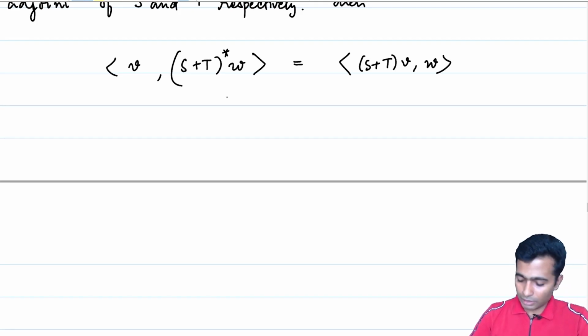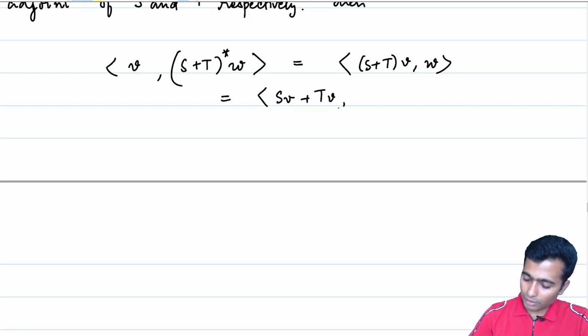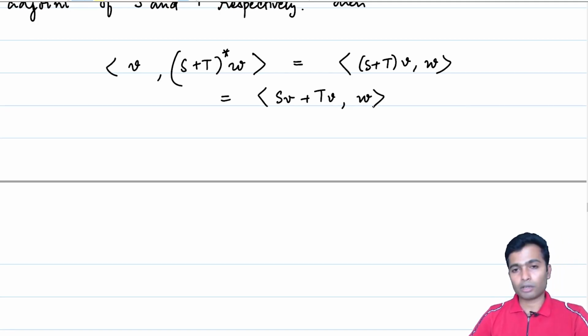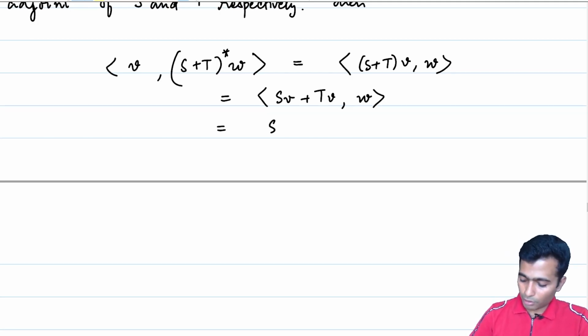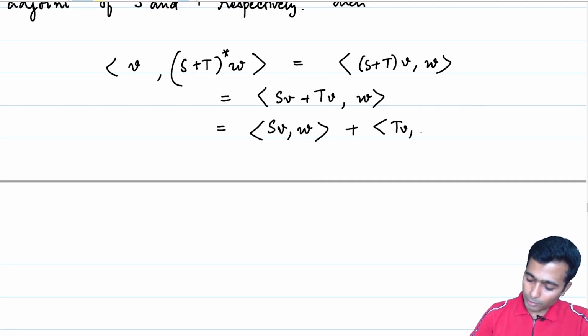But S plus T by definition is (S plus T)(V) equals SV plus TV, which we take the inner product with W, by the property of the inner product in capital W. This is ⟨SV, W⟩ plus ⟨TV, W⟩.